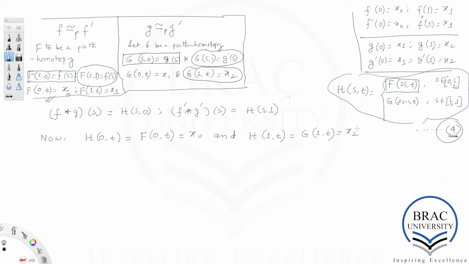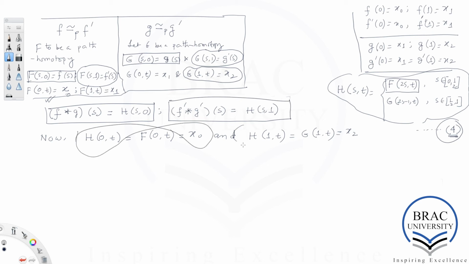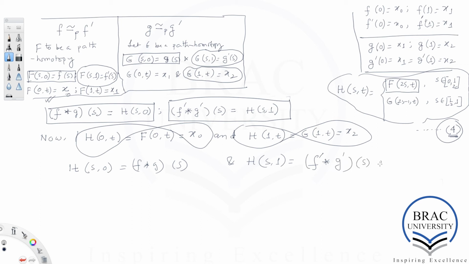Okay, so we have this, and we have this, and we have this. So together we see that h(s, 0) is equal to f star g at s, and h(s, 1) is equal to f prime star g prime evaluated at s.